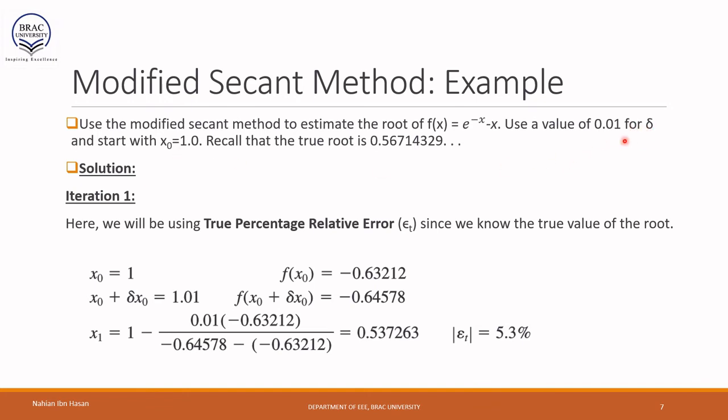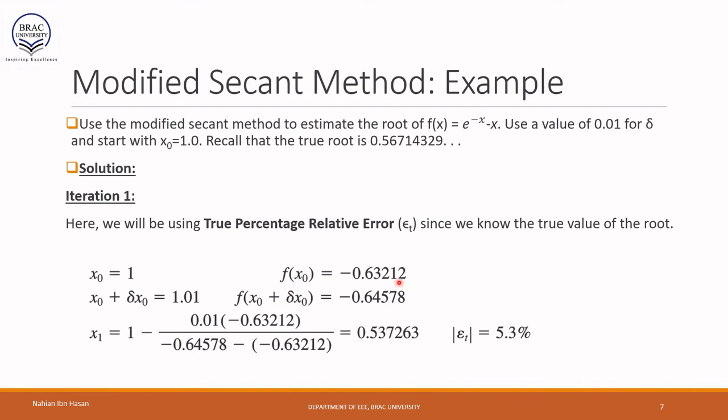At iteration 1, we have the initial point x naught equal to 1. We find the value f of x naught, which is minus 0.63212. Then we calculate x naught plus delta x naught and its corresponding function value, and next we substitute all of these values into the modified second formula, and then we can find the approximation of the root.